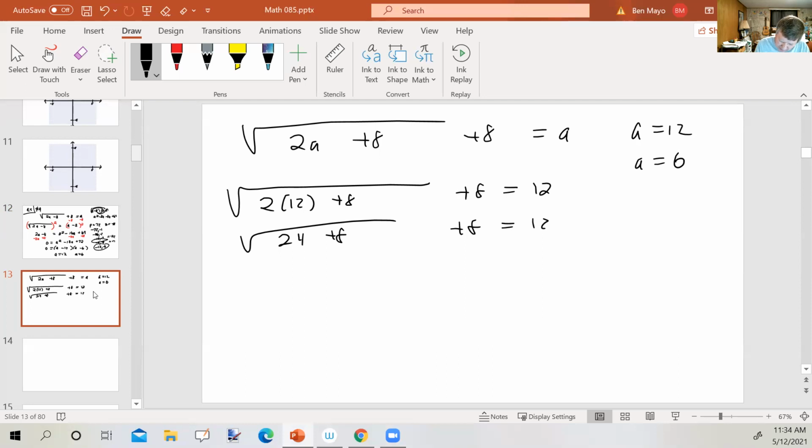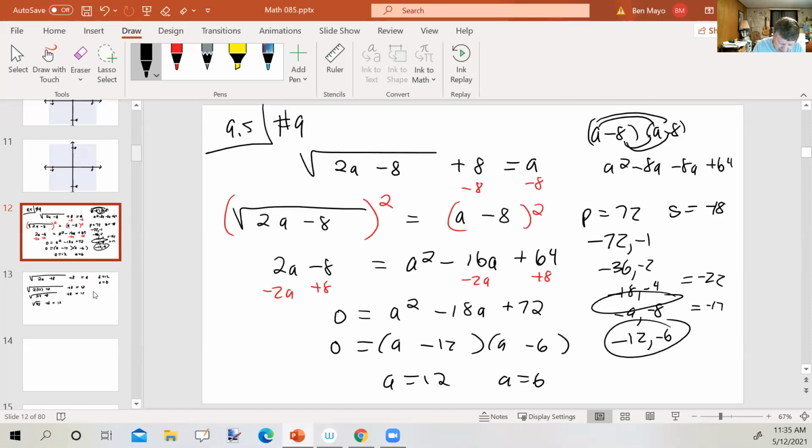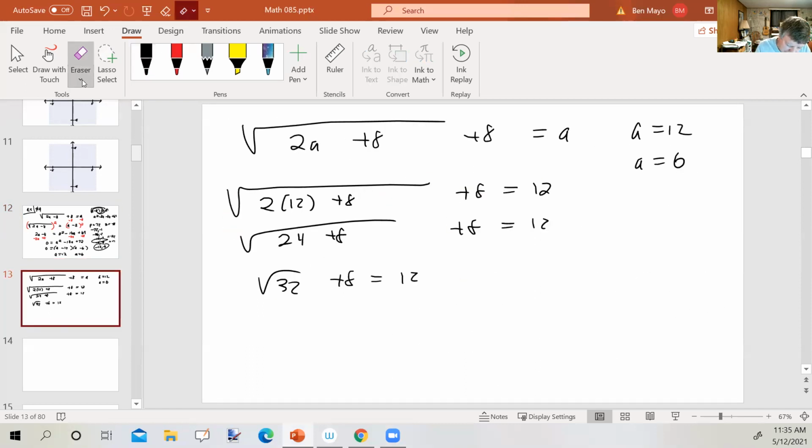Let's see, oh, I've copied it incorrectly. This is supposed to be a minus sign. That explains some things here.